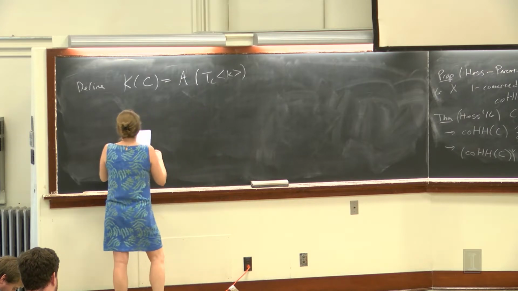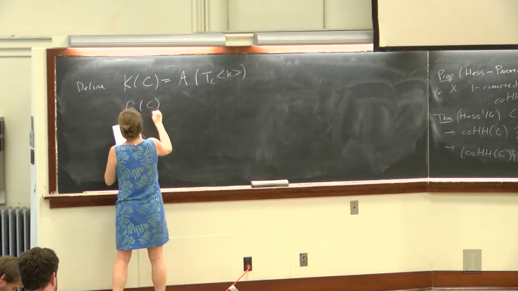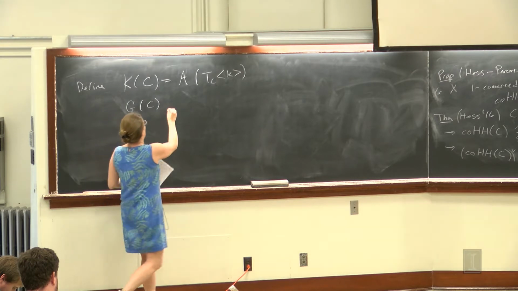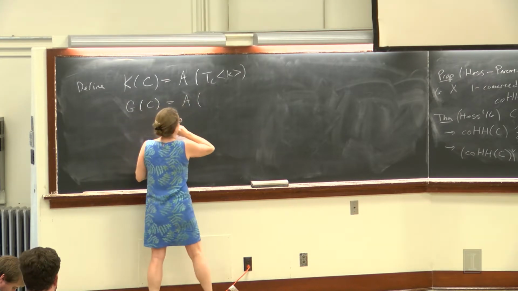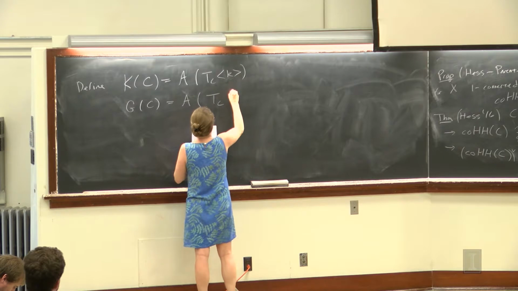Okay? And then we'll also define the G-theory of C, and that's given by the A-theory of the thick subcategory generated by C.